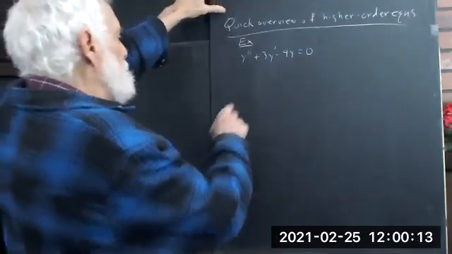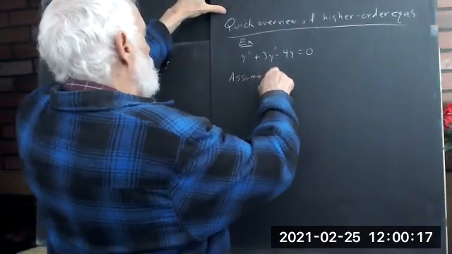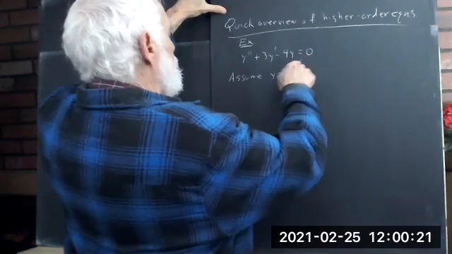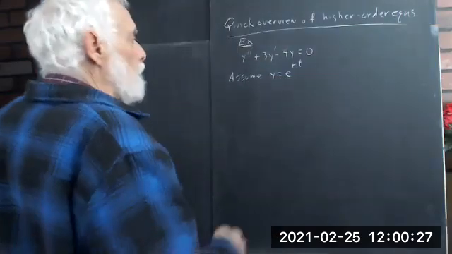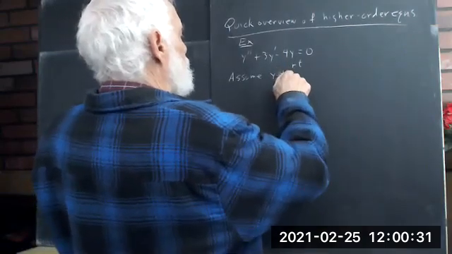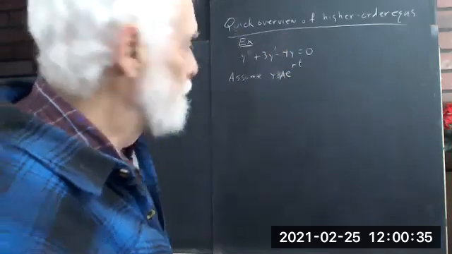Okay, so assume y equals e to the rt, or a multiple of e to the rt. Let's go ahead and do a multiple, A e to the rt, where implicitly A and r are constants.